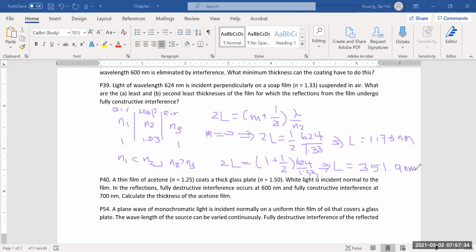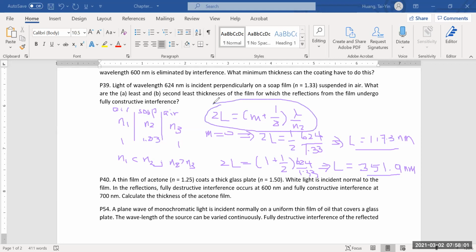So when you have a wavelength that is 624, and you want to produce fully constructive interference, then this is the thickness of the soap film that has to be in order to produce the brightness, and the next thickness will be this value just by applying this equation.